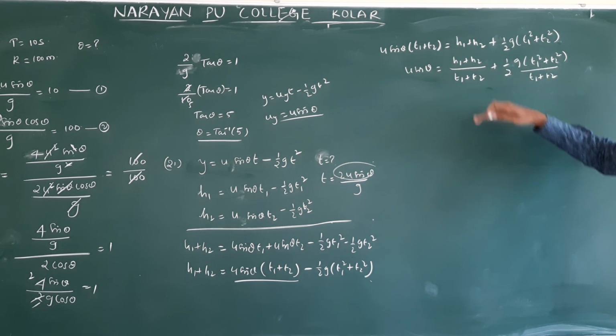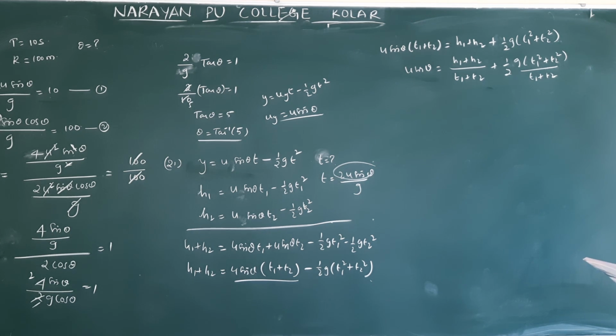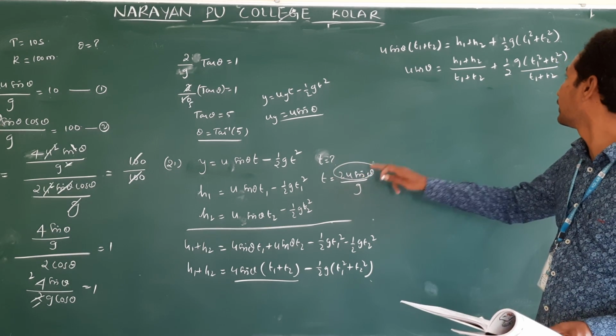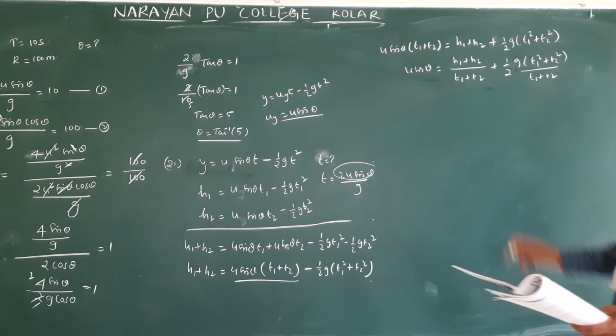Denominator is total, but I have written individual. Clear? Then we need to simplify this, because the options given only have T1, T2 and so on. So h1 plus h2 in terms of t1, t2. Then if I write this, u sin theta will be here, and this g will be cancelled.